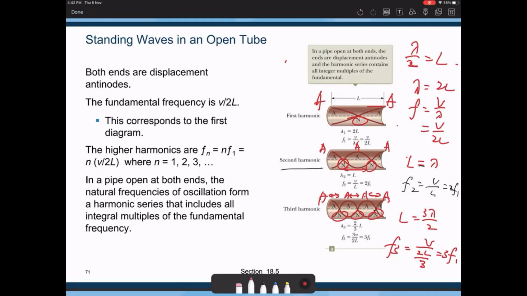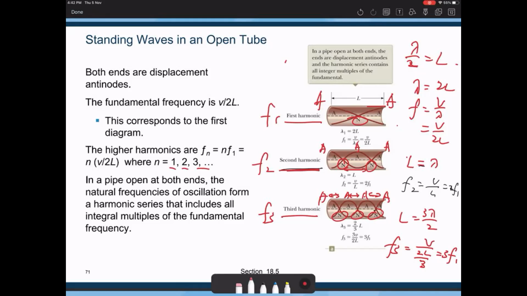So you have first harmonic, second harmonic, and third harmonic, because the frequencies are all related to the fundamental frequency by n, where n is an integer equal to 1, 2, 3, and so on.